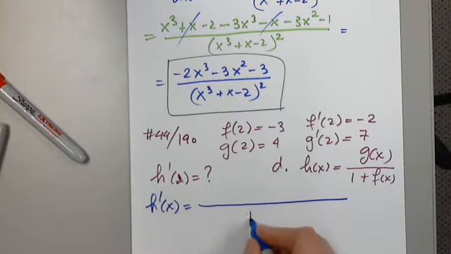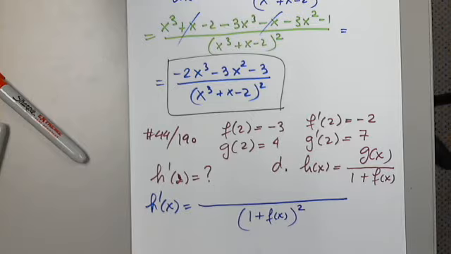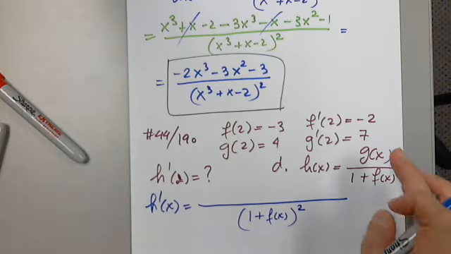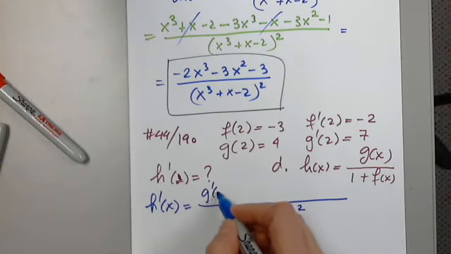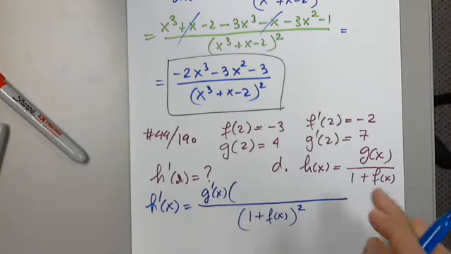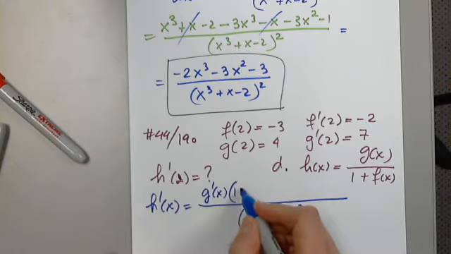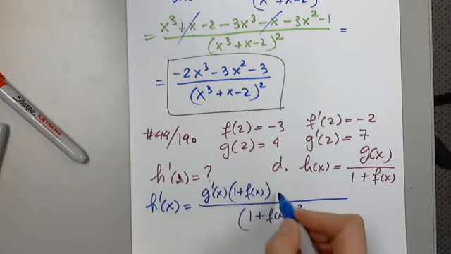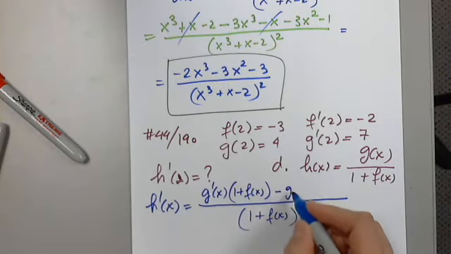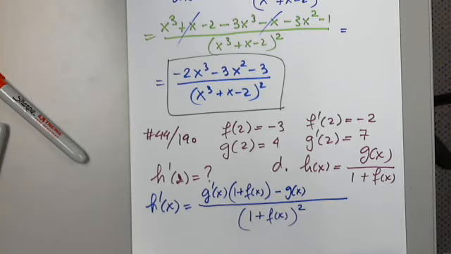I know the denominator will be 1 plus f of x squared. Function 1 prime, g prime of x, multiplied by the bottom function, 1 plus f of x, minus g of x times the denominator prime.